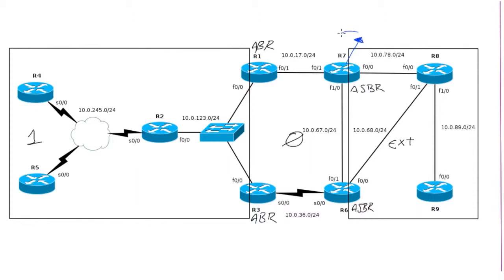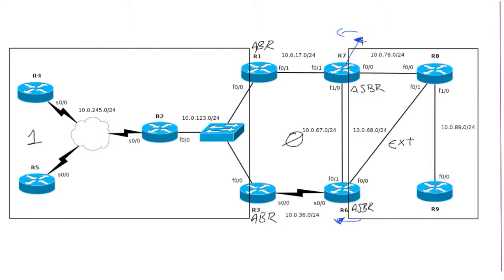So we're going to be doing redistribution in this direction, and that's obviously going to create all those LSAs type 5, and when it gets to R1 and R3, they are going to create those LSAs type 4, besides actually sending the LSAs type 5 over to area 1, which make it over there intact. They really don't change at all, and that's a characteristic that they have.